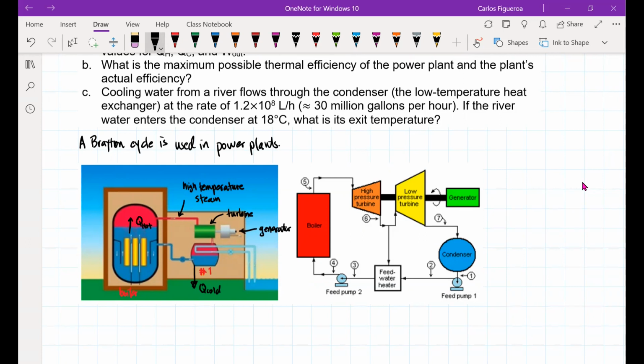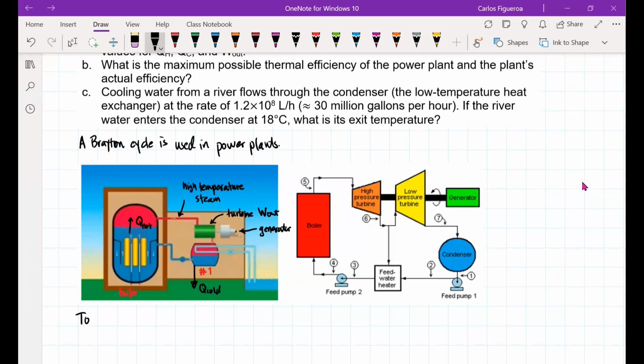And then the electrical generator is where you then get the work. So the turbine then produces work out. So you see that heat comes in, part of it goes into work, part of it is ejected out. And that's essentially what the power plant is doing.